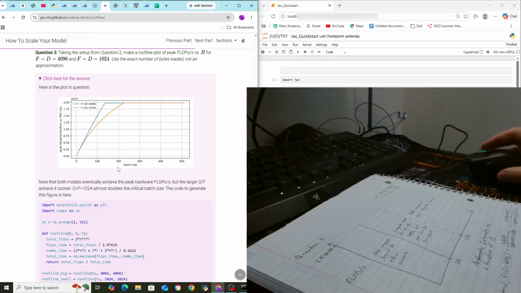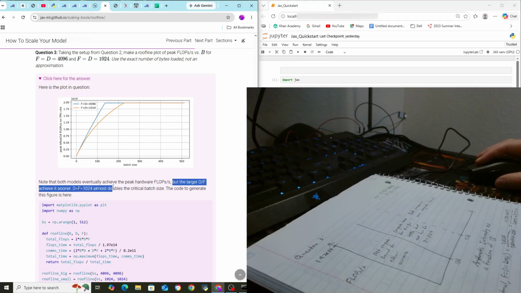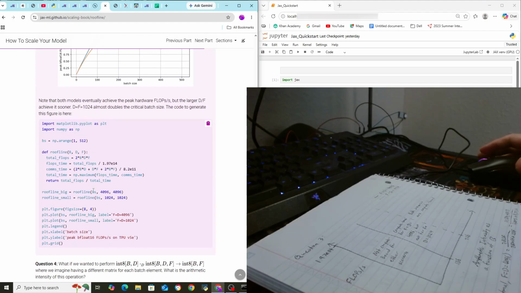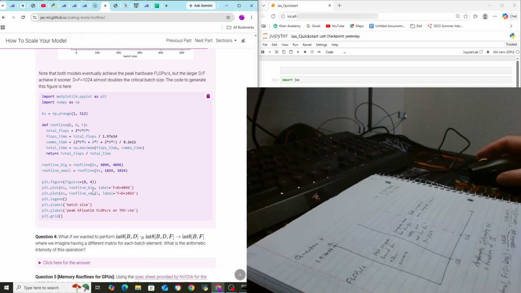Both models eventually achieved the peak hardware flops per second, but the larger D over F achieved it sooner, almost doubling the critical batch size. So we're running a roofline on these, returning total flops divided by total time.